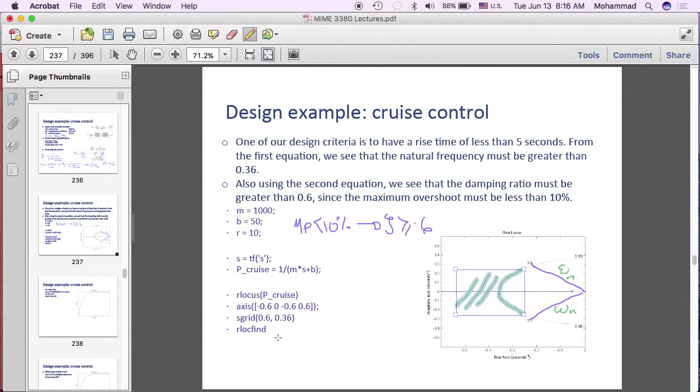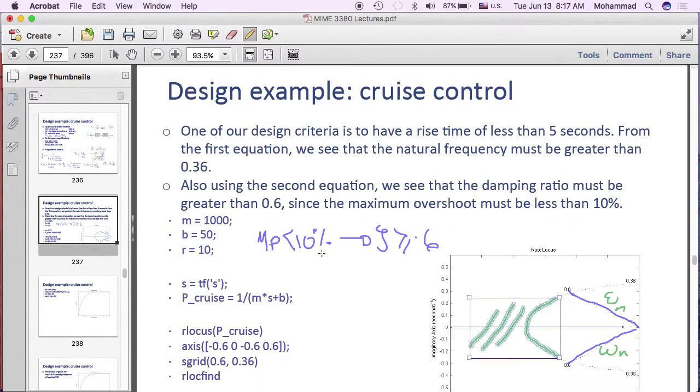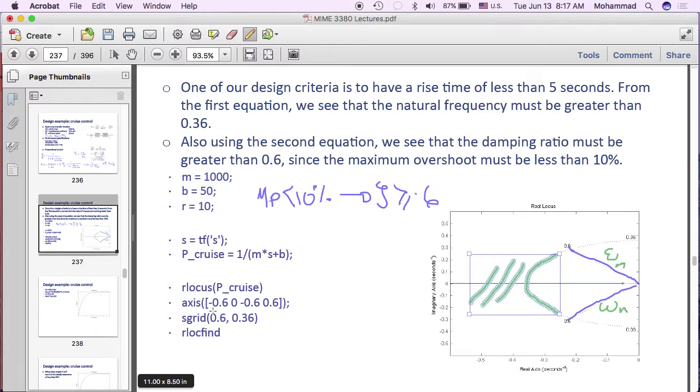So what you can do to see a wider area is to use the command axis. Type axis, open parentheses. Axis needs a bracket, a vector, that gives you the minimum value of x, maximum value of x, minimum value of y, and maximum value of y. So it defines how wide you want to open the window of the figure.